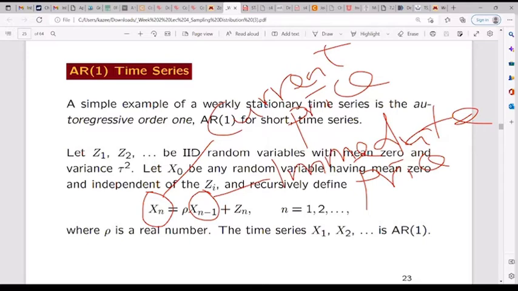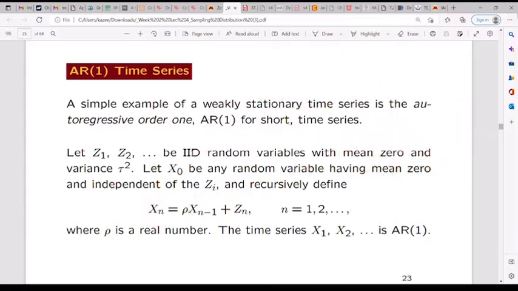If I'm talking about weeks, and Xn is the current week price, then Xn minus 1 is the immediate past week price. Take a look at that. And this guy here, which we call rho, is more or less like the contribution of the immediate past to the current value.